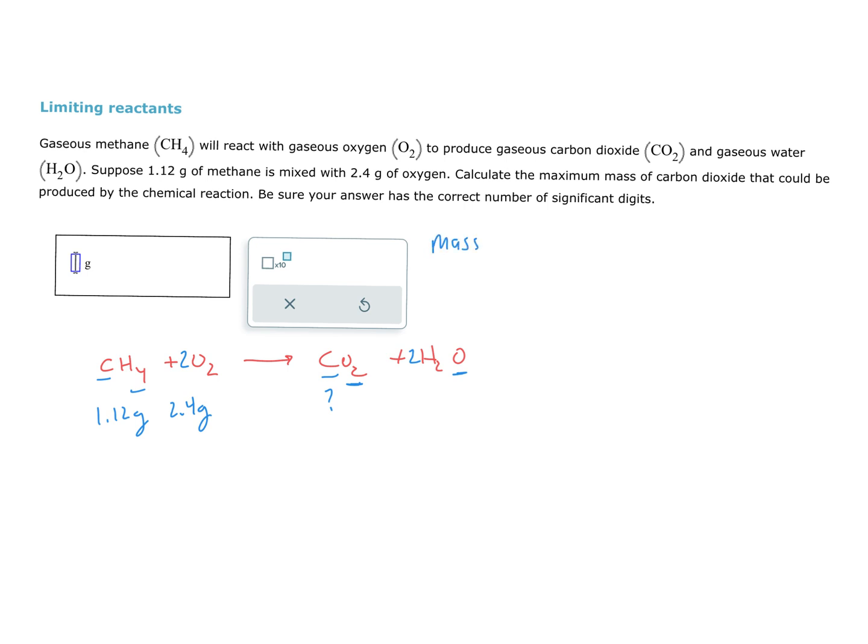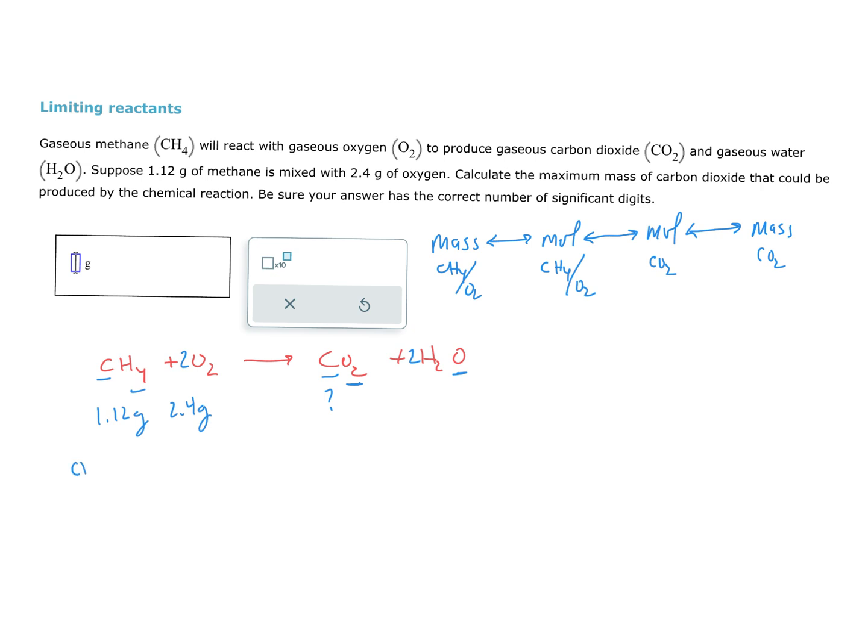We're going to go from mass to mole, and then we're going to use the mole ratio to get moles, in this case, of CO2, and then we can get the mass of CO2 out of that. So we're going to go from the mass of methane and the mass of oxygen to moles of methane and oxygen, and then we're going to use the mole ratio to go to moles of carbon dioxide so that we can find the limiting reagent in this calculation.